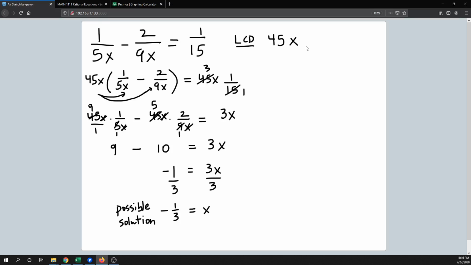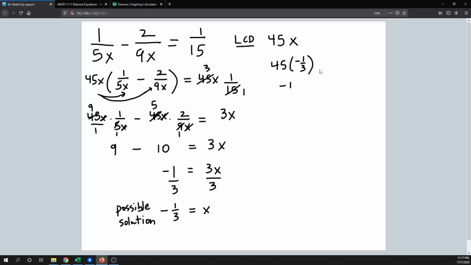All right, and now to check that solution, what we would need to do is go over to the LCD, right, and plug in a negative 1/3 here and see what we get. As long as this doesn't come out to be 0, then that negative 1/3 is a solution. And it definitely is not 0, right?